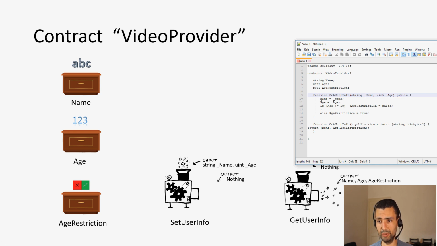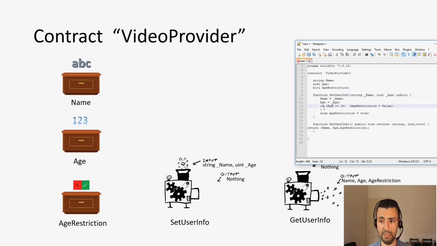So what does this function do? It simply says, okay, set the drawer name as the input name you get into this function, and set the age drawer as the input age you get, underscore age, you get into this function.